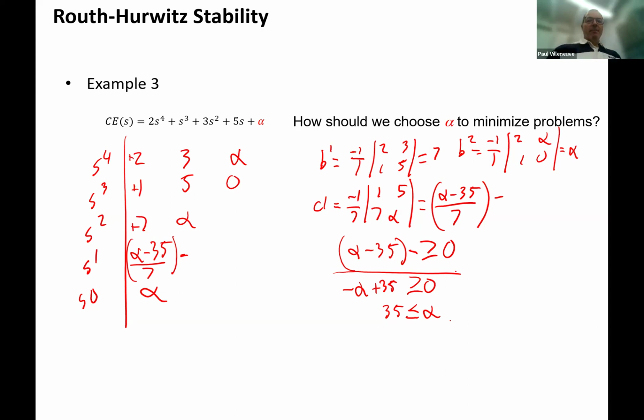But we know we want this term to stay a positive number, right? So here's where I think the mistake was made. When you get rid of the negative sign, you have to swap the equality. You do it that way.